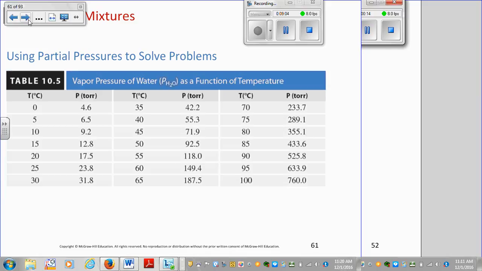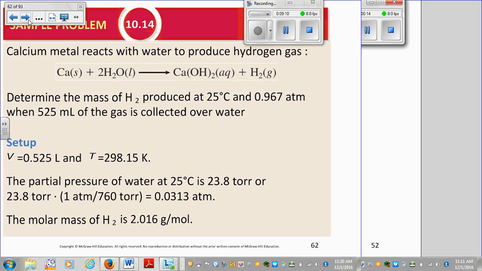And you get the partial pressures of water at certain temperatures. So that's how you could set up a reaction like that.